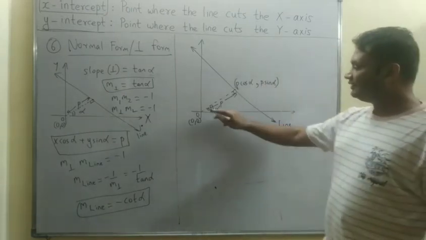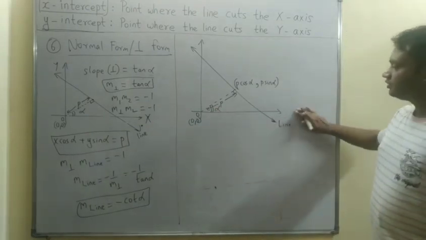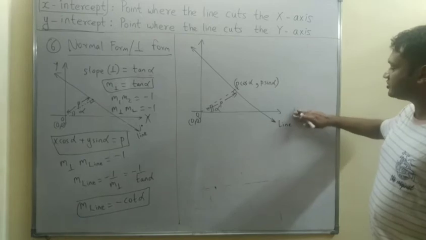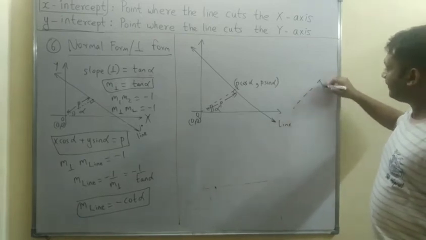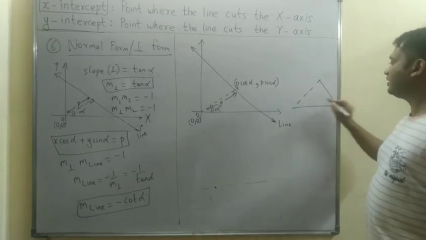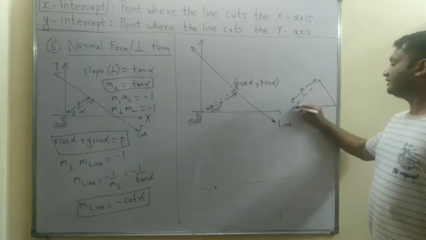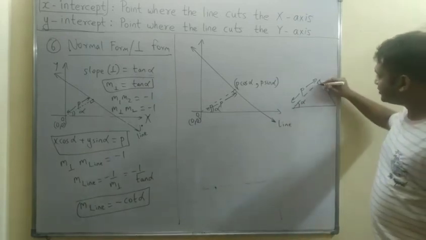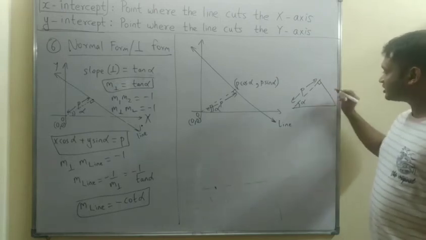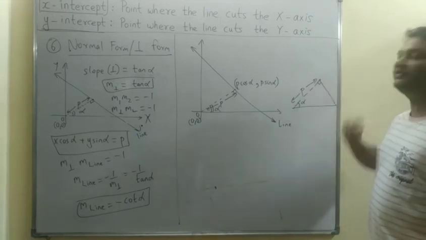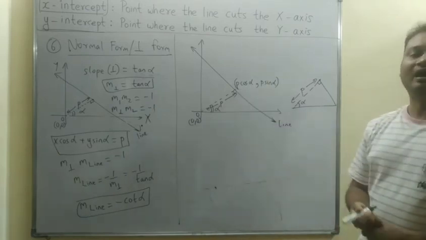Why? Because in this triangle, let us draw this triangle here. One is the dotted side, then we have the perpendicular, and this is our p distance. This angle here is alpha, and this is 90 degrees. Now if I want to find this side, this point will have coordinates p cos alpha, comma p sin alpha. Why?